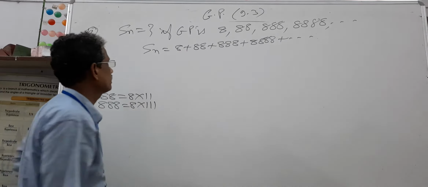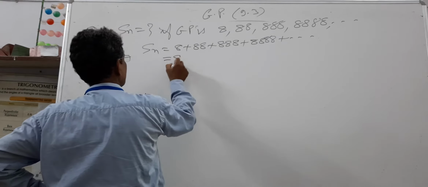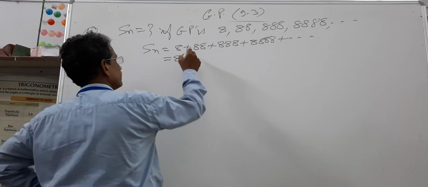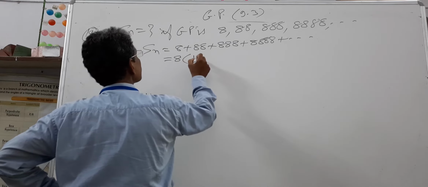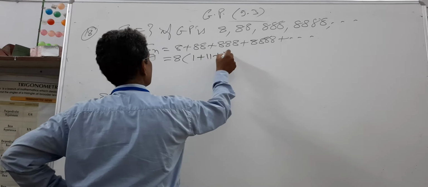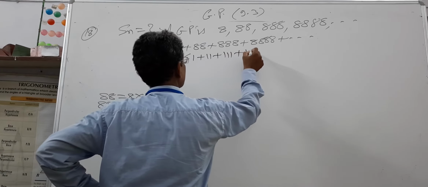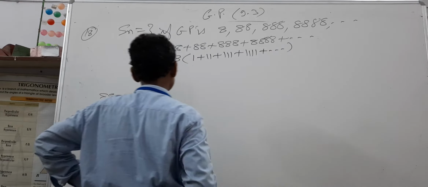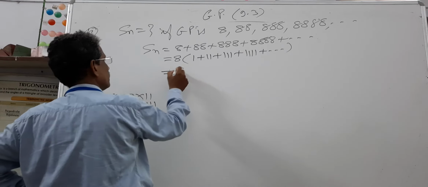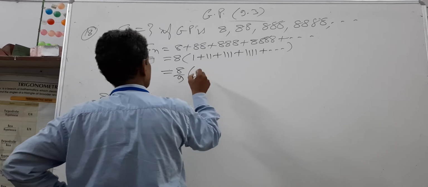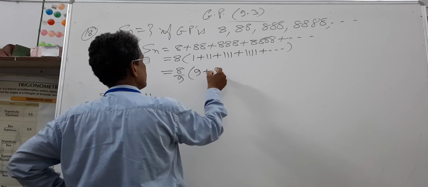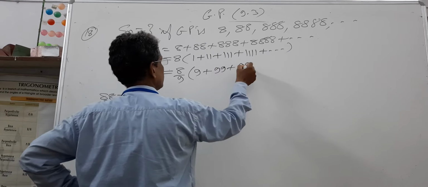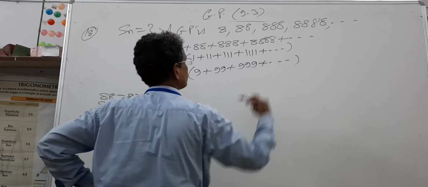If not 9, take that digit common and it reduces to 1 plus 11, 111, 1111 plus so on. Now multiply and divide the same by 9: 9 plus 99 plus 999 and so on.